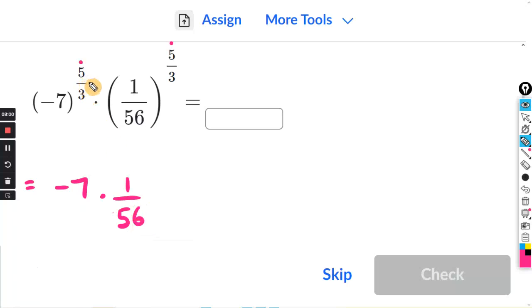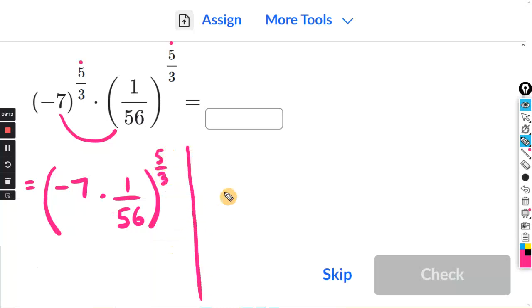The exponents match, so -7 times 1 over 56, and that product is raised to the power of 5/3. 56 divided by -7 leaves us with -1 over 8. And that is to the power of 5/3.